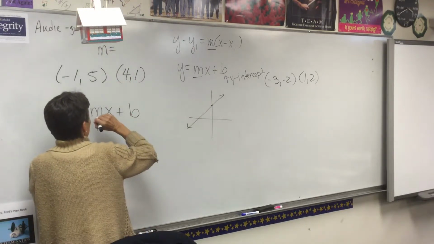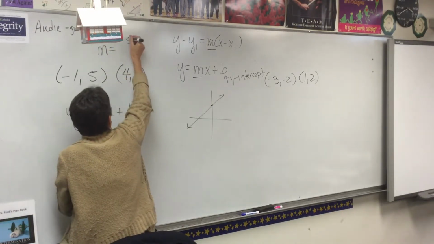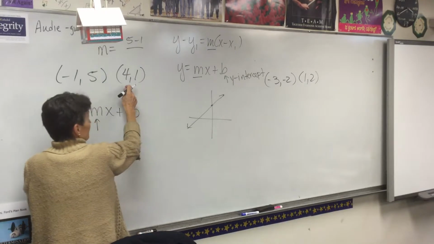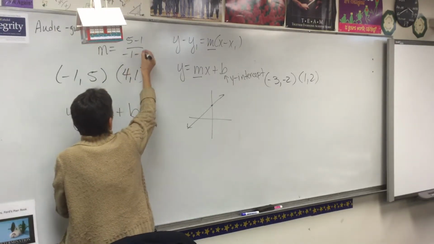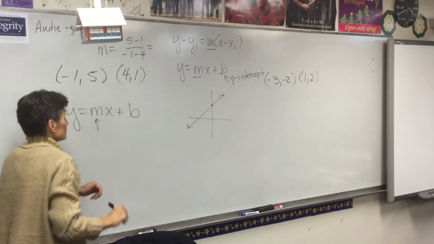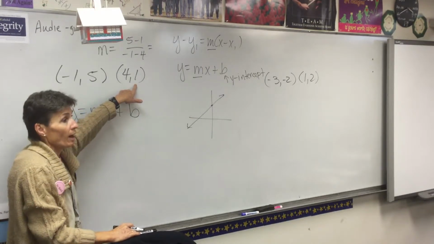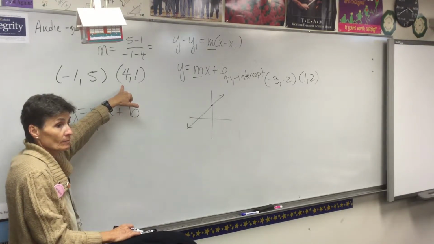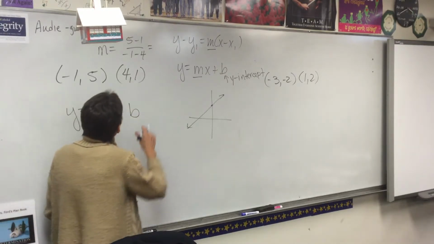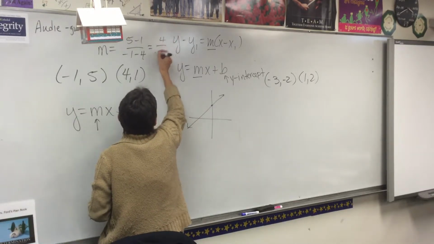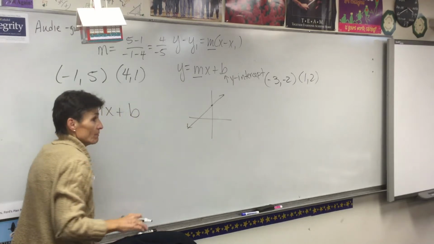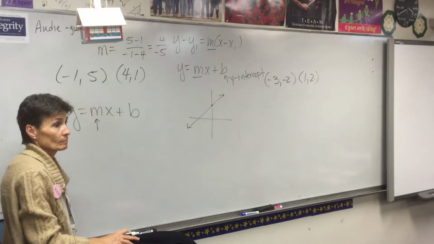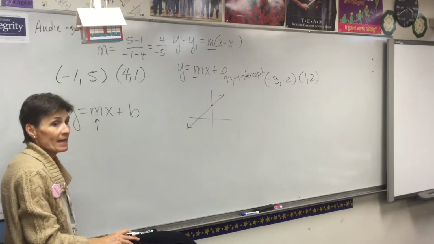So my m would be 5 minus 1 over negative 1 minus 4. Y minus y over x minus x. So what's that equal? I got negative 4/5. Did you? Now that's my m.